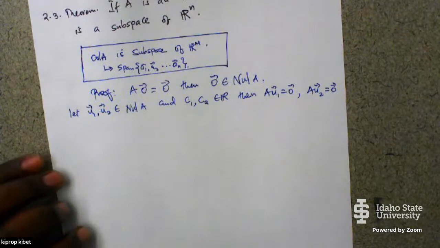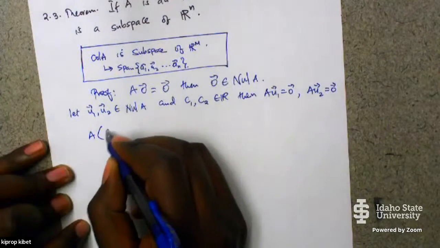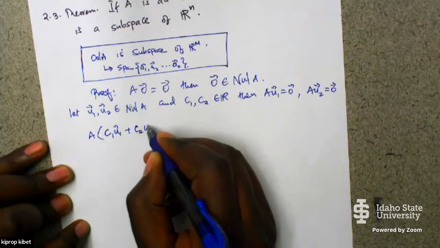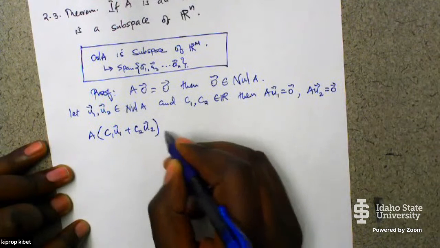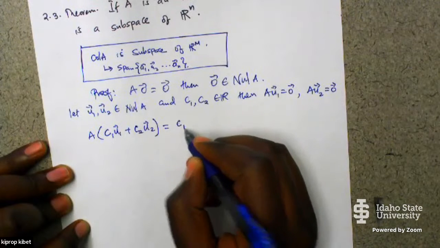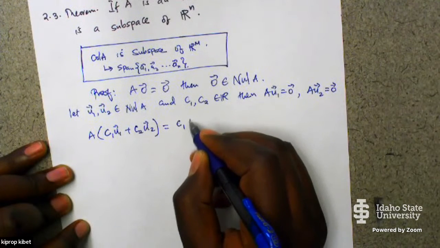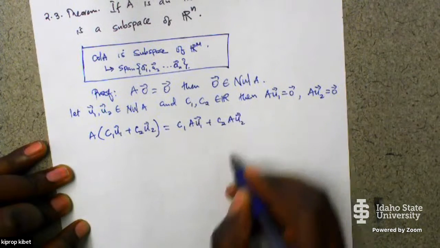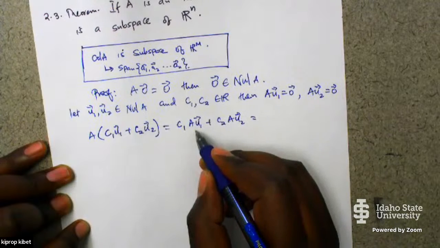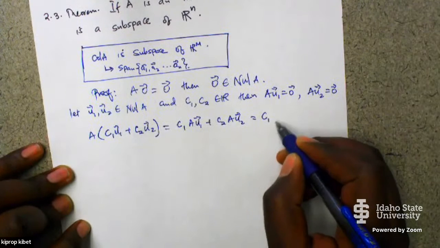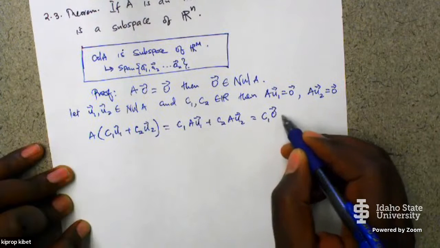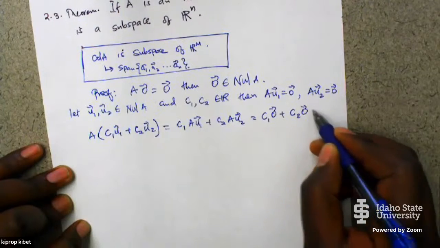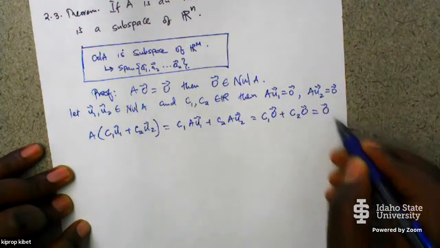Then A times C1 U1 plus C2 U2 is the same as C1 AU1 plus C2 AU2. And we said AU1 is 0, so C1 times the zero vector plus C2 times the zero vector, which is the same as the zero vector.